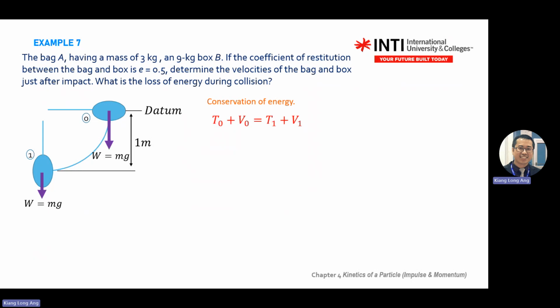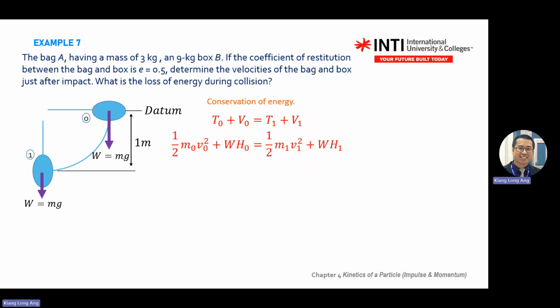So for conservation of energy, you have only two energies, potential and kinetic. Again, the general equation is very important for this module. So you just write what is kinetic, half mv squared, and what is potential, mgh or Wh, before equal to after. So before is 0, because it starts released from rest, right?